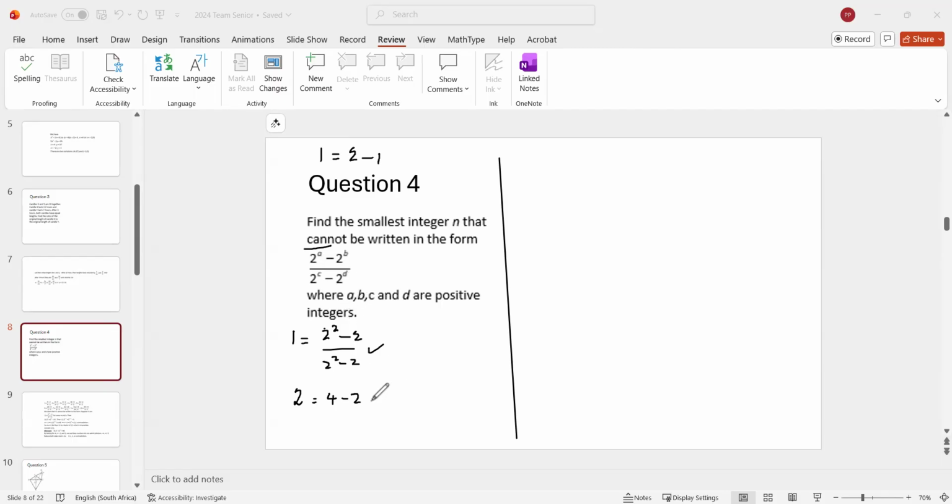Watch. 4 minus 2 over 2 minus 1. That's 1 at the bottom. And then I multiply. 4 is 2 squared. I wrote this as 4 minus 2 because this is 2 squared minus 2. Let me write that 4 as 2 squared.